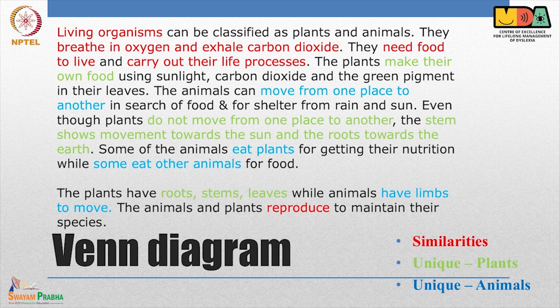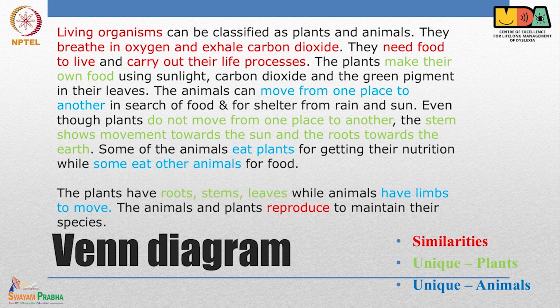They need food to live. Again, both plants and animals need food, so it goes in the intersecting portion, but there is a difference in the way plants and animals prepare their food. The next line says they make their own food. Under plants I am going to write they make their own food, and by inference it means the animals do not prepare their own food.